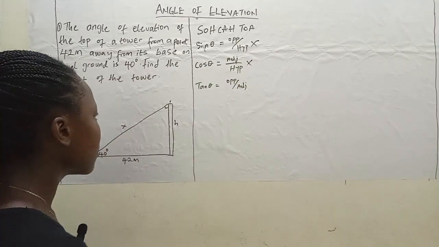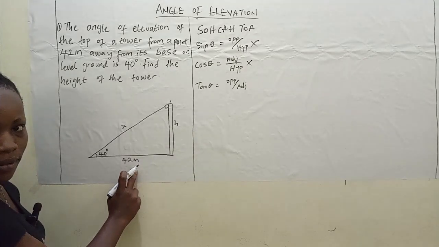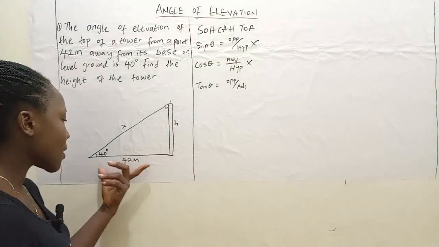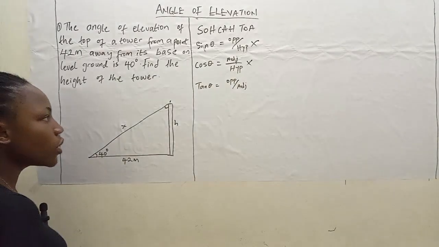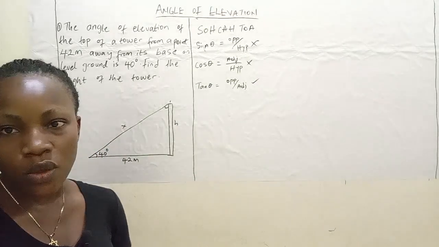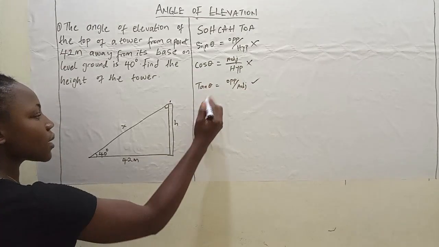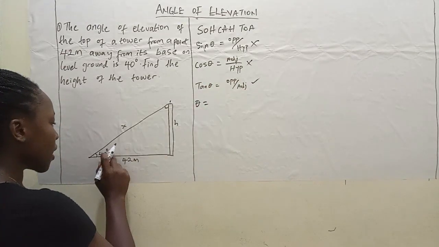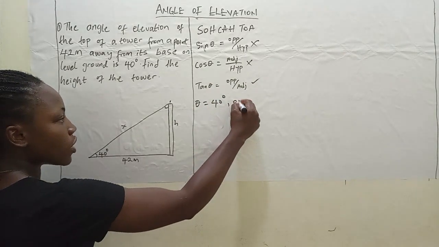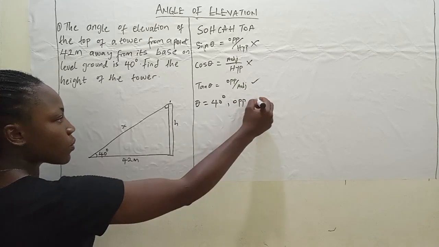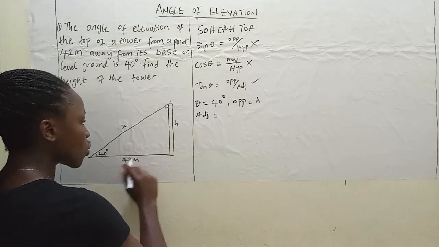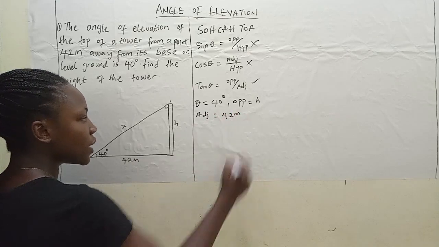Let's look at tan theta, opposite over adjacent. Now, opposite is what we are looking for, and our adjacent is known. That means we are using this one. Tan theta equals opposite over adjacent. Our theta is this angle here, 40 degrees, while our opposite is h, that is our height, and our adjacent is 42 meters.